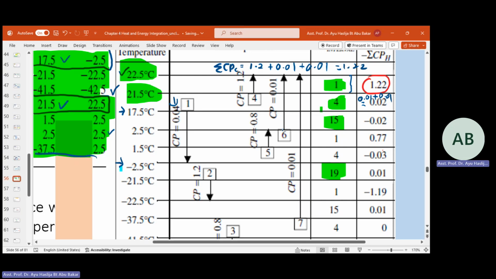It involves cold streams 6 and 7, which is 0.02, the summation of cold, minus, now it touches stream number 1, which is 0.04. So 0.02 minus 0.04, then you get negative 0.02.